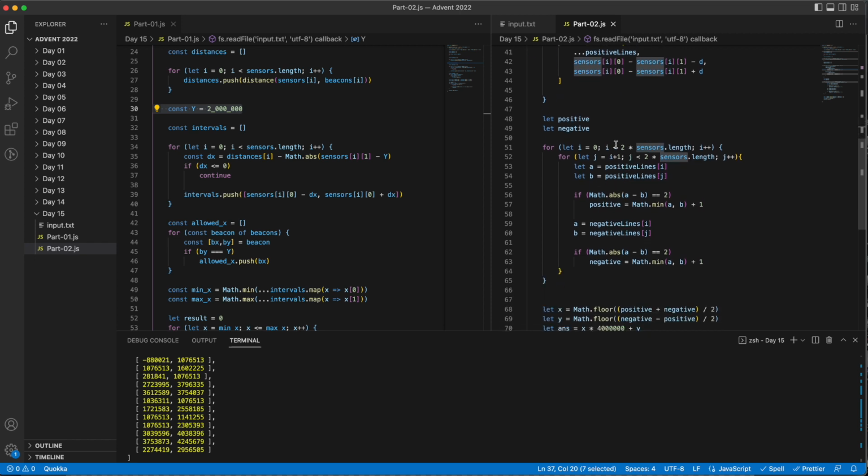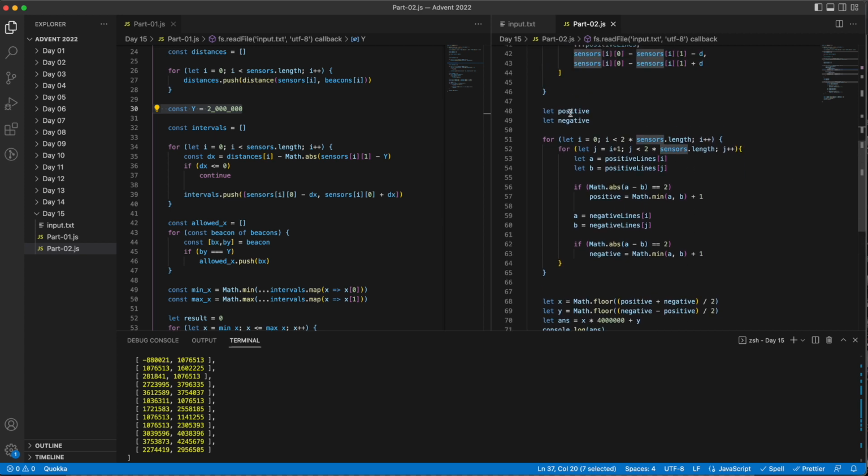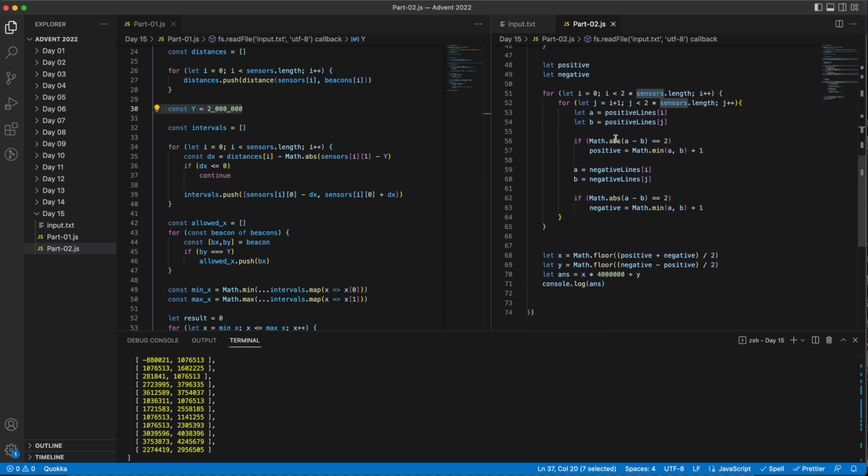Then I need to find the positive and negative, which goes through this double for loop for all the sensors. In this line and in this line I will find the positive and negative, that is the value that we want.